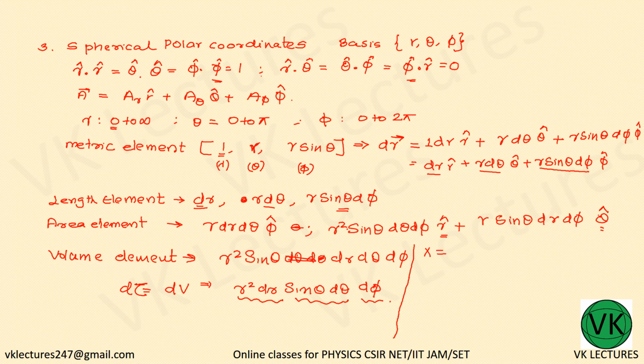It is x equal to r sin theta cos phi, y is equal to r sin theta sin phi, and z equal to r cos theta. Okay, so kindly remember the points noted.